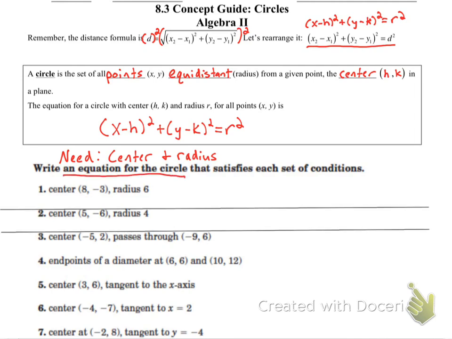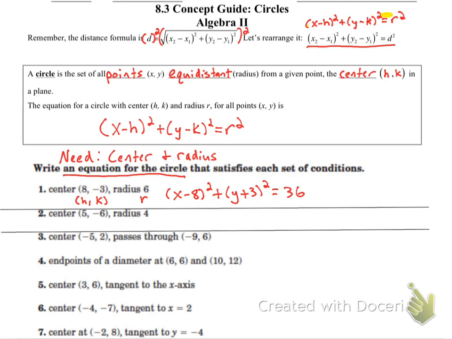You'll have x minus 8 squared plus y plus 3 squared equals 36. All right, remember, since it's x minus h, that makes it a negative 8, and since it's y minus k, minus a negative 3 makes it a plus 3, then r squared, we square the 6, and we get 36.